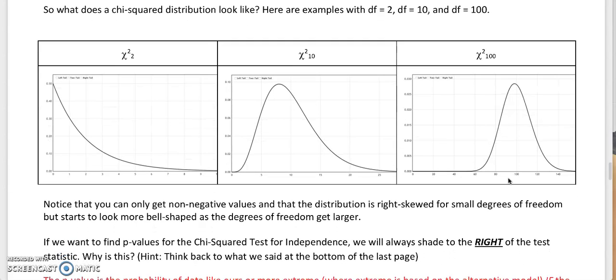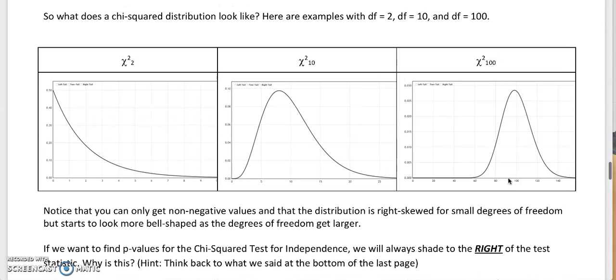Right? So if we want to find p-values for this test, we are always going to shade to the right of our test statistic. And to think about why this would be, you can think back to how we ended the last part of the notes, where we talked about what kind of test statistic we get when the alternative hypothesis is true versus when the null is true.